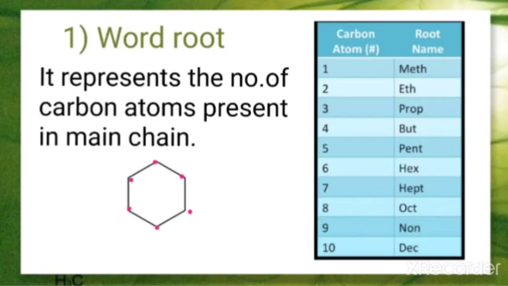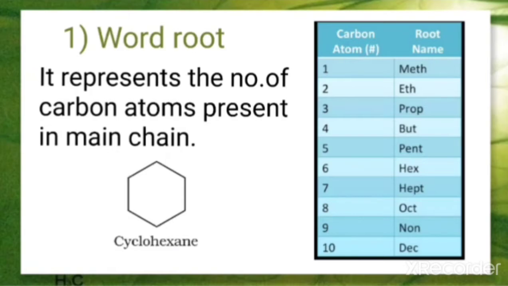A total of 6 carbon atoms are there in the main chain. So what will be the word root? Because it is 6, the word root will be hex. The name of this compound is cyclohexane. So here the word hex is the word root. What is a word root? It represents the number of carbon atoms present in the main chain.